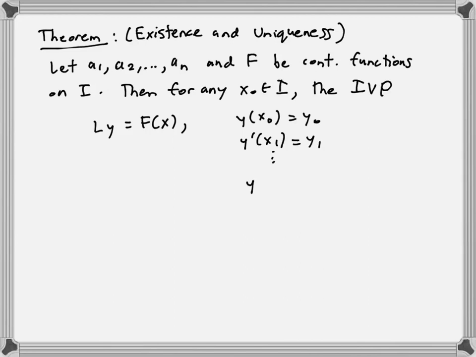All I need is n initial conditions, one per derivative. Sorry, I wrote this term up here down. These should all be x naught that I'm plugging in. Same initial x value, even though the y values, of course, are different.